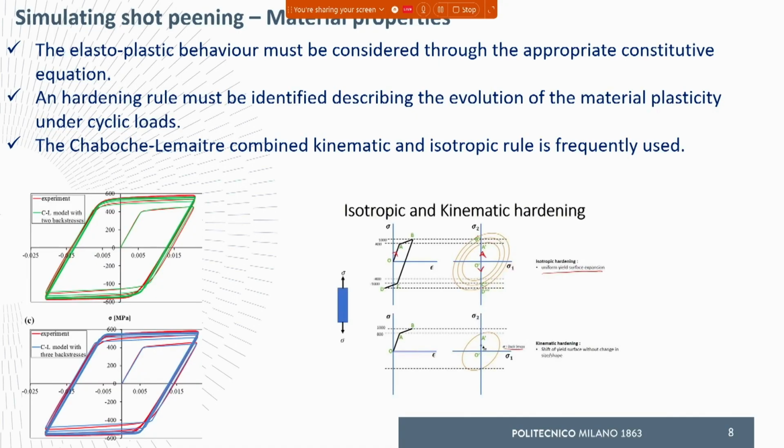So if we have a uniaxial stress and we reach the yield stress here, and then we exceed it and proceed with the test, the plastic ellipse will remain with the same axes and the same dimension, but will move according to the path. So if the load is uniaxial, it will move in the vertical or the horizontal direction.